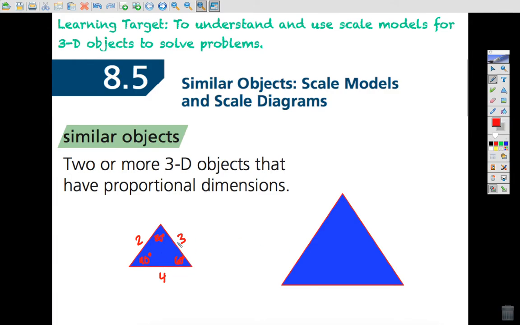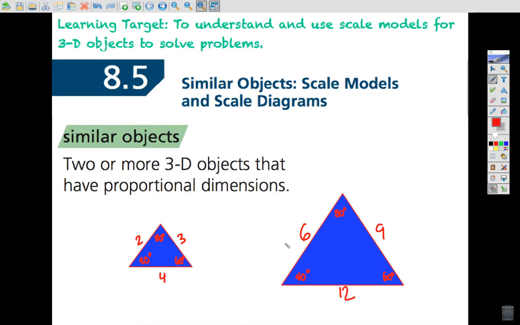One thing I mentioned in a previous video is that the angle relationships are preserved, so this would still be 40 degrees, this would still be 60 degrees, and this would be 80 degrees. Again, it looks nothing like it, but that's okay. Now imagine that I tried to get this 3 times as big, so I would get 3 times 2 is 6, 3 times 3 is 9, and 3 times 4 is 12.